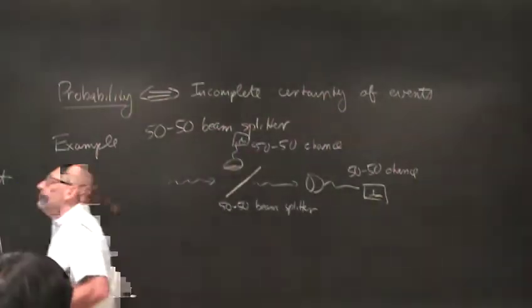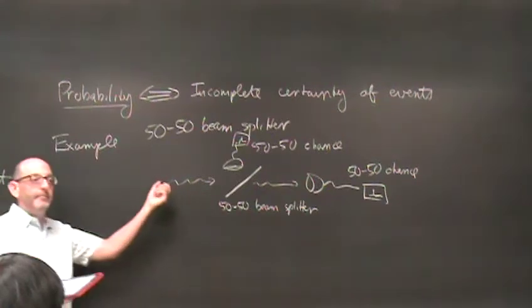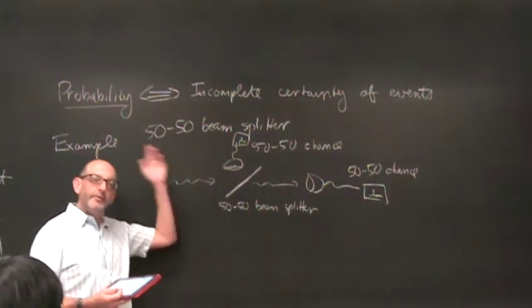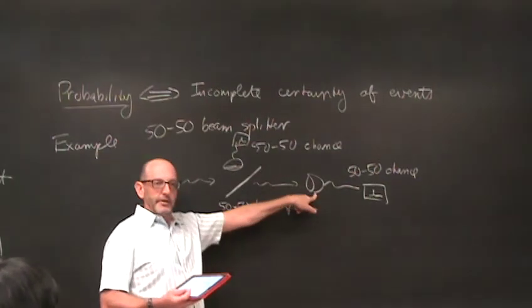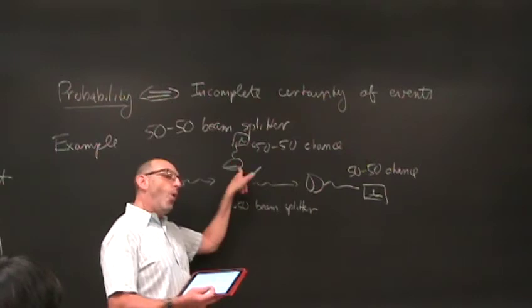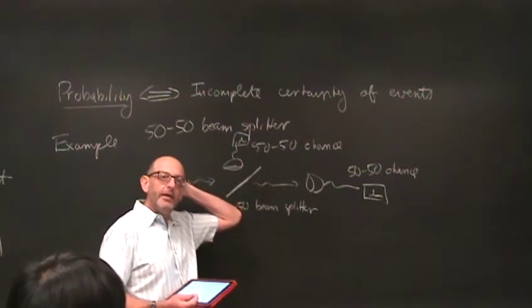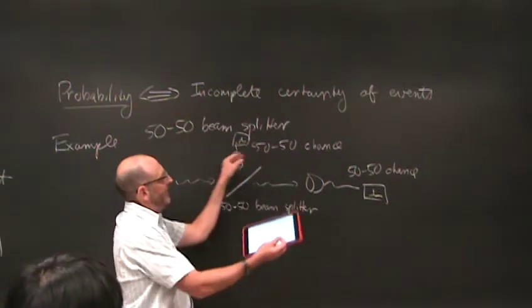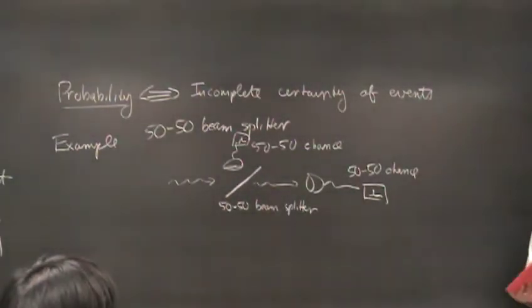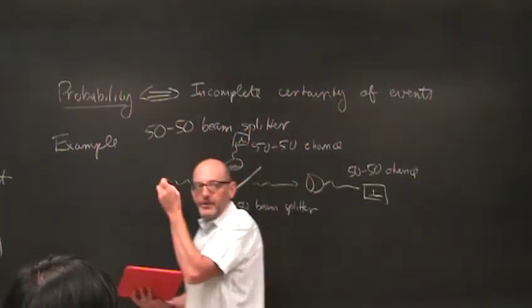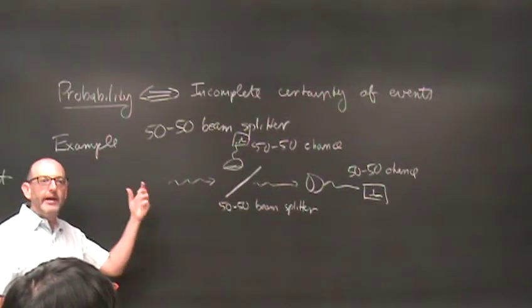So what is true is that if I send this single photon onto this beam splitter, then either this detector goes click or that one goes click, but they never both go click at the same time. If I were to gate these outputs onto a coincidence counter and look for coincidence counts for two clicks simultaneously within the window of the photon, I would never see both go click.